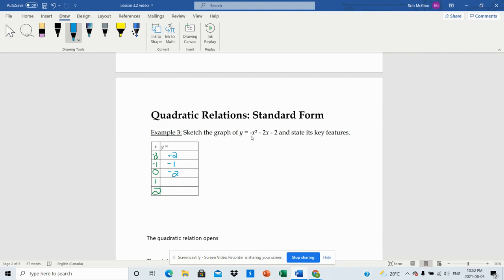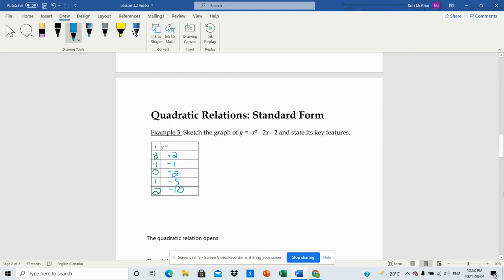When we sub in positive 1, we're going to have negative 1 minus 2, so that's minus 3. Minus 2 again is going to be minus 5. And one more. 2 squared is 4 times negative 1 is negative 4. Minus 2 times 2 is minus 4, so minus 8. Minus 2 again is going to be minus 10.